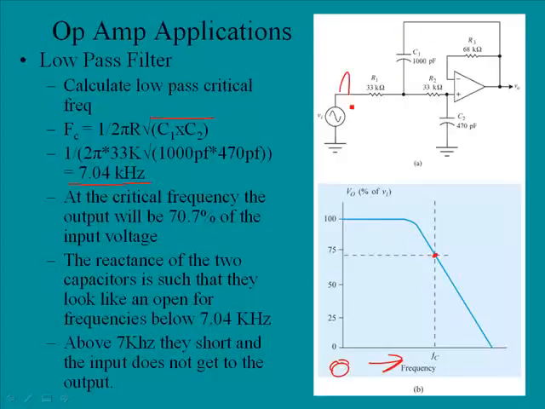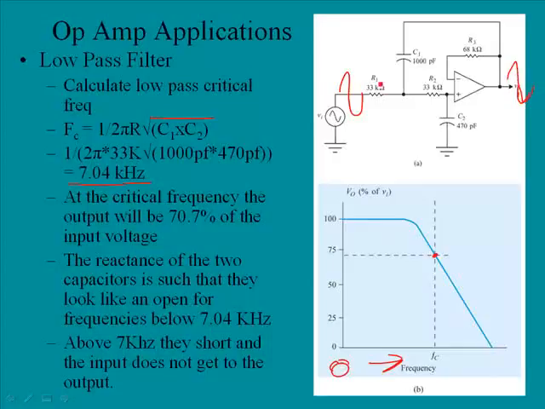As we apply a signal here, at low frequencies the capacitors both have a high reactance and they won't be passing a signal. So the input will get to the op amp, and it will amplify. There will be a resistance in parallel with this, so there will be a feedback loop, and we will have the passing of a signal over here.